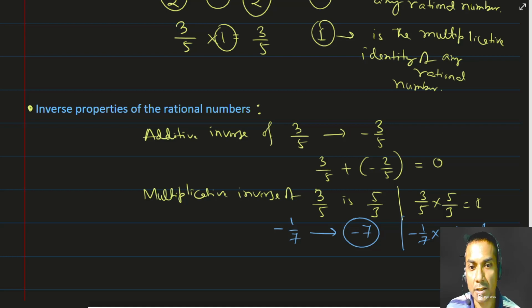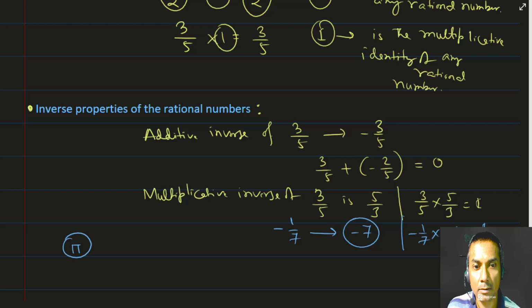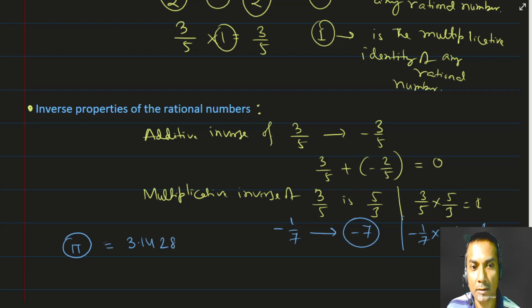In earlier discussion, we have discussed about pi. So what is the value of pi? What is the exact value of pi? 22 by 7? Pi actually, what is the value? 3.14285714.